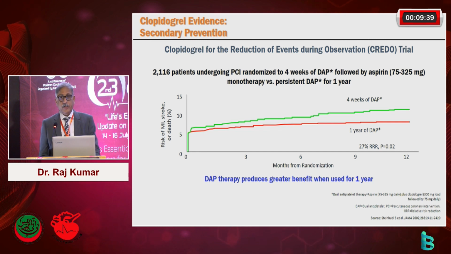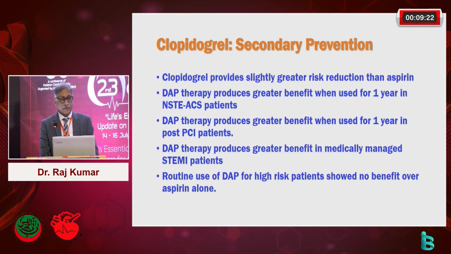Another trial on clopidogrel is the CREDO trial, Clopidogrel for the Reduction of Events During Observation. That also proves that dual antiplatelet therapy produces greater benefit when used for one year. So it provides slightly greater risk reduction than aspirin.